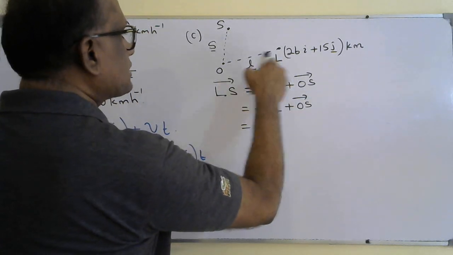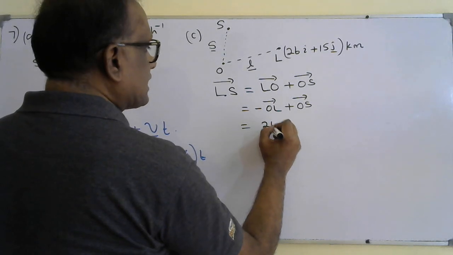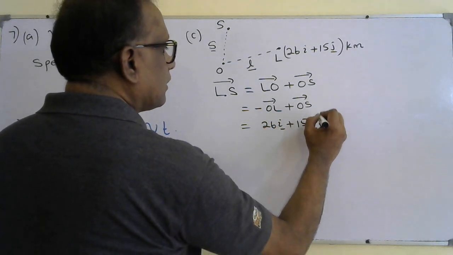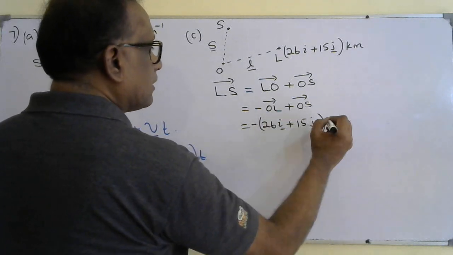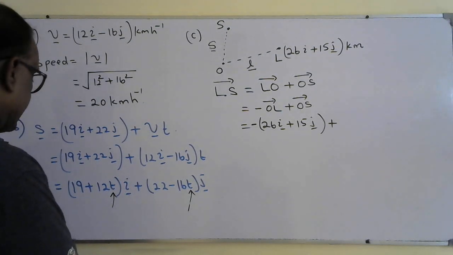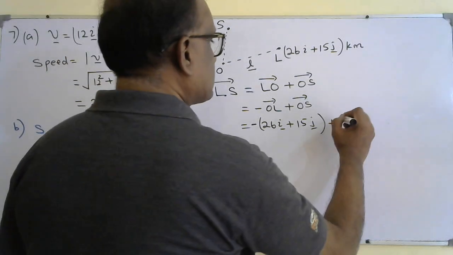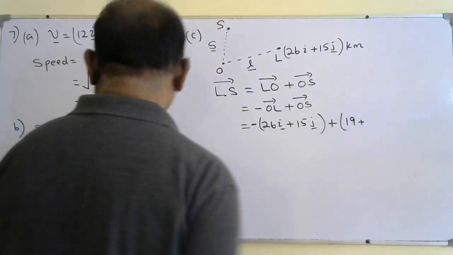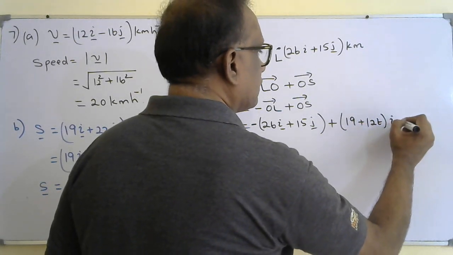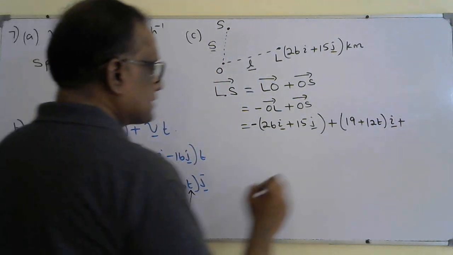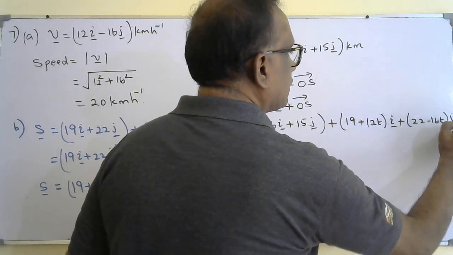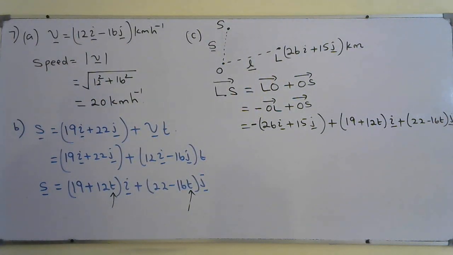Minus OL is minus 26i plus 15j, all in minus, plus OS, that is the S position vector at time t, 19 plus 12t i plus 22 minus 16t j. Right, we know LS now.